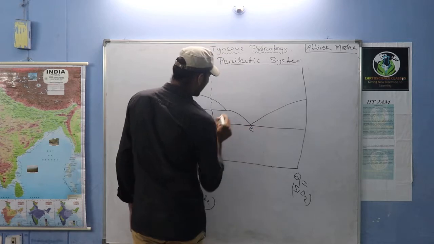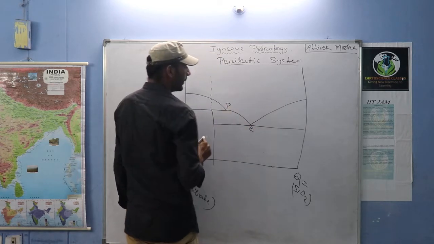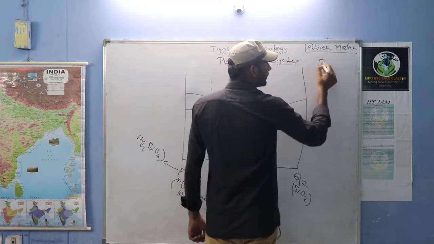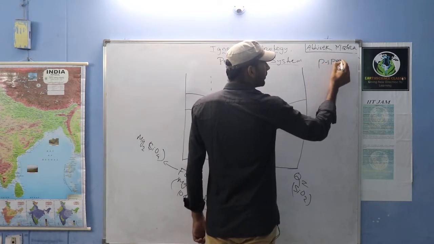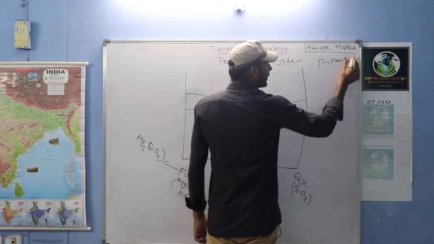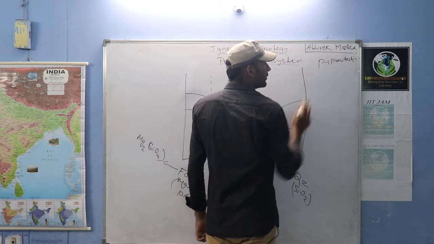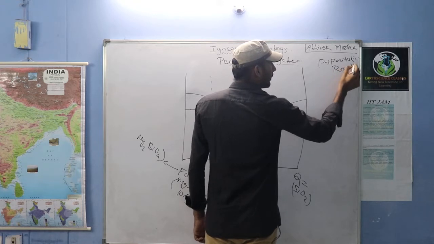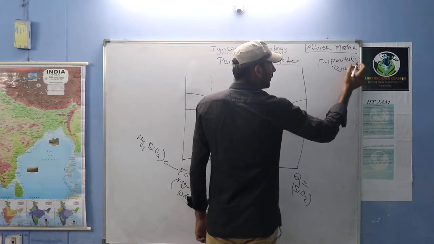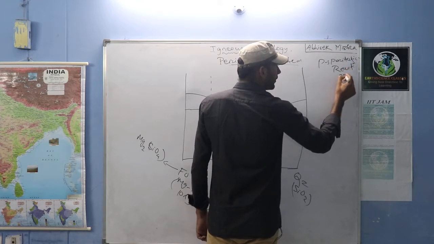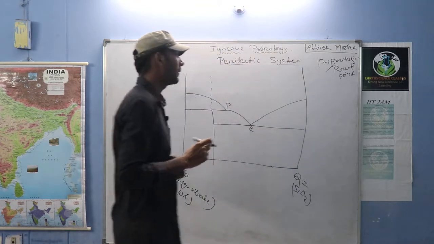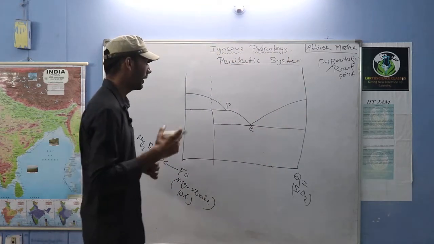This is the eutectic point, this is the peritectic point. P stands for peritectic. The peritectic point is also known as the reaction point. Why it is known as the reaction point, I will tell you.